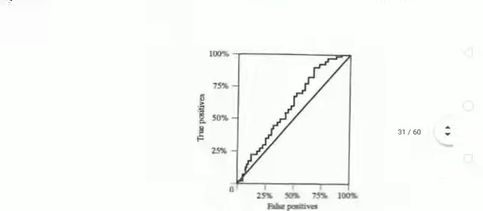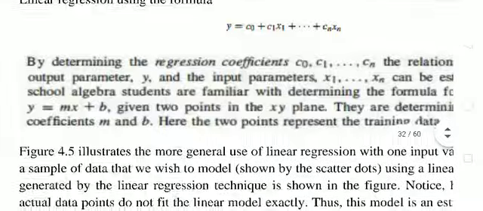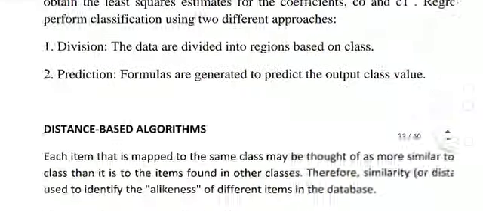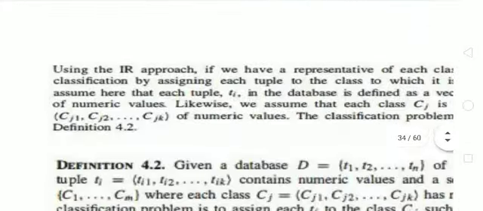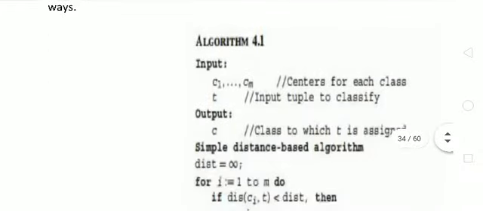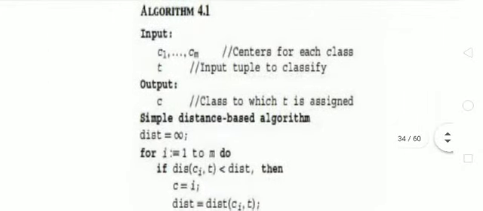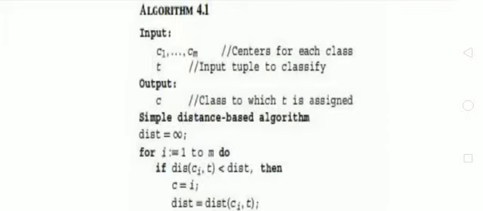Now let us consider the following algorithm. For this we have an algorithm for finding out the similarity which is based on distance. In the algorithm, first of all some centers of the classes are considered, as we discussed that classes A, B, C have a center, and we have T as the tuples which we want to classify to the respective classes.